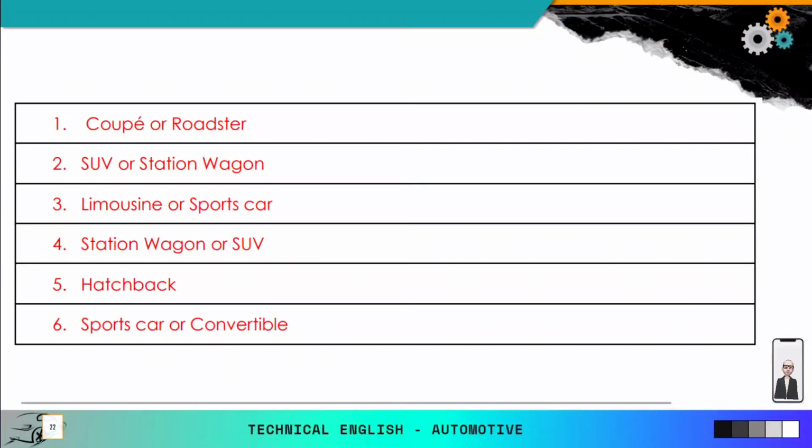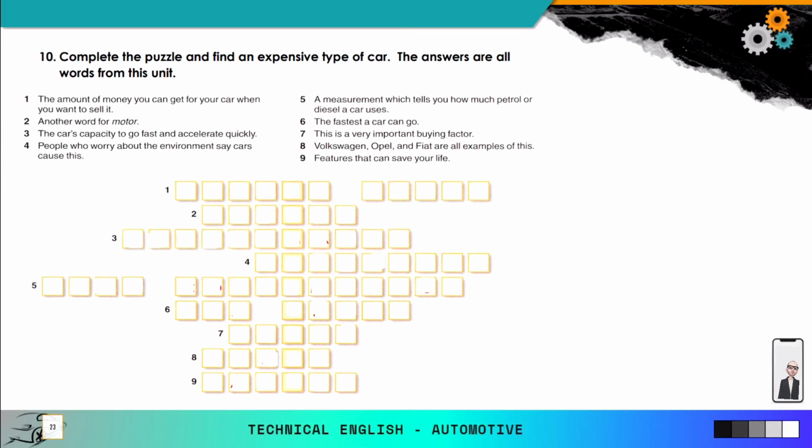What you see here is just a couple of options as to different types of cars that could be recommended. Right, and that about wraps up our lesson on different types of cars as well as factors that people would consider when buying a car.